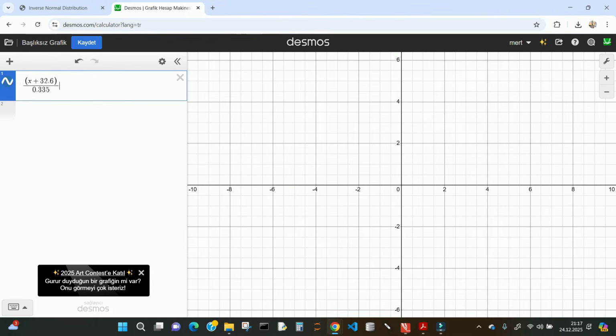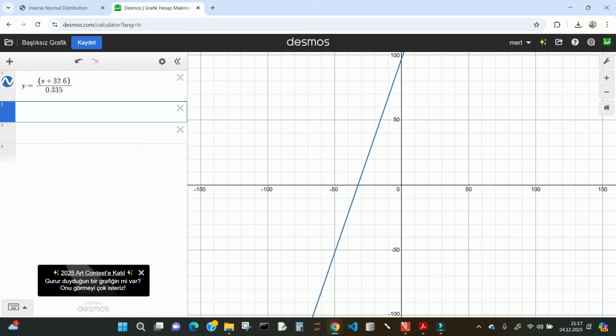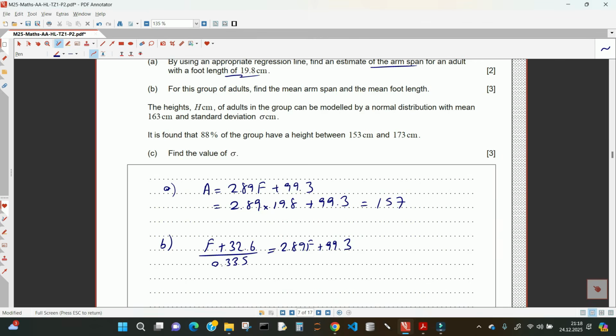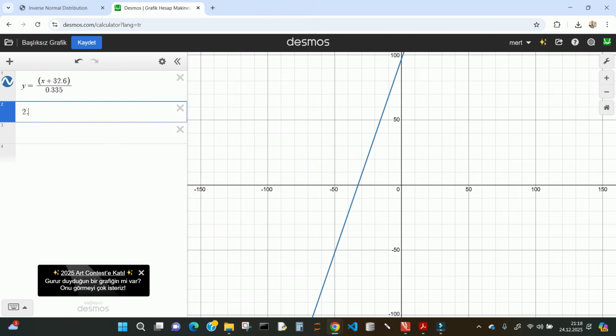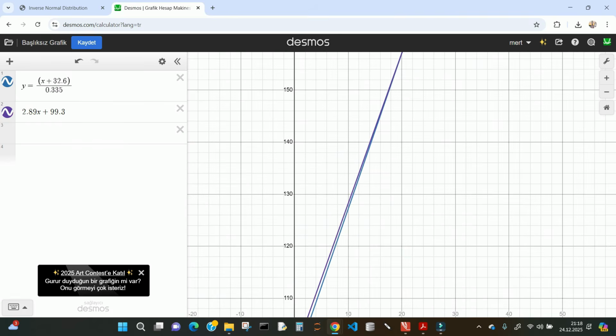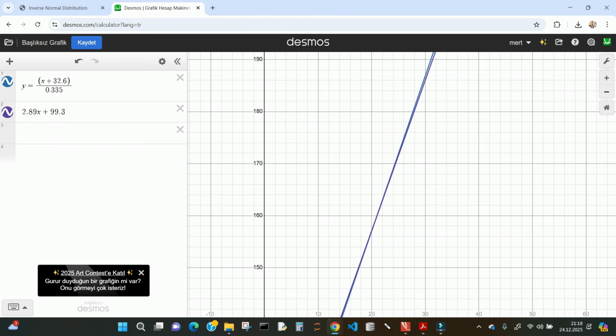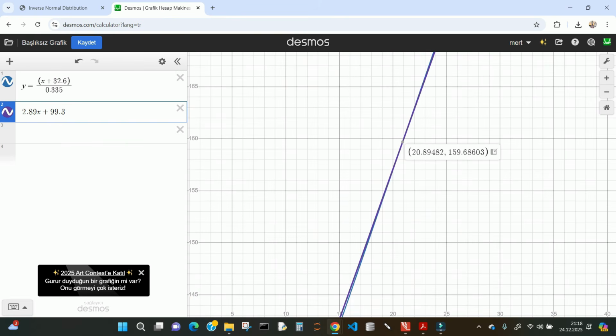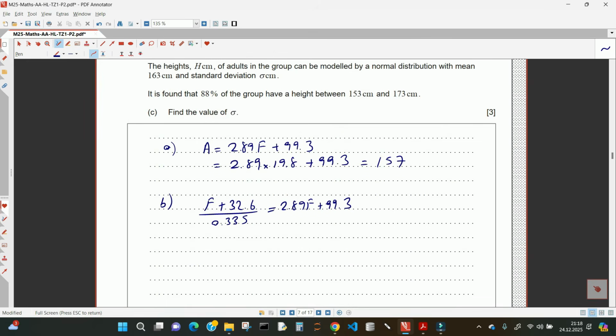And the second one will be 2.89x plus 99.3. So I need the intersection point, so it will be somewhere here. Yeah, this point. The x is 20.9. You can say 20.9, which is F.